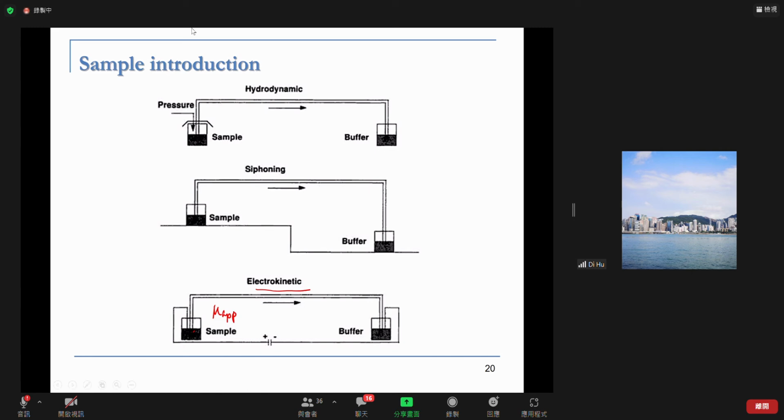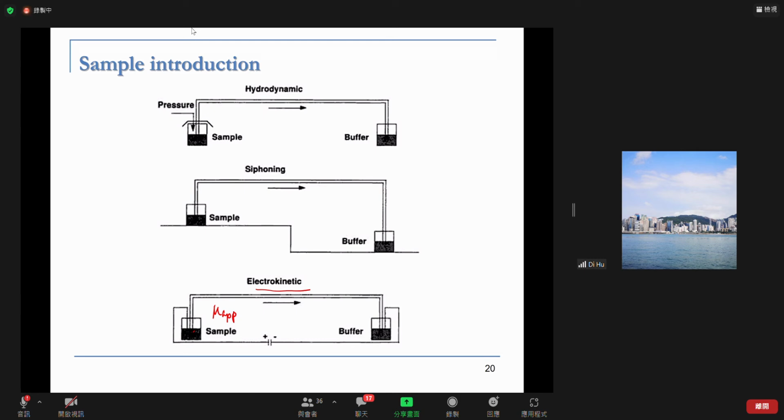Now the question is, does every compound, every ion in the sample, have the same apparent mobility under this electric field? No, right?